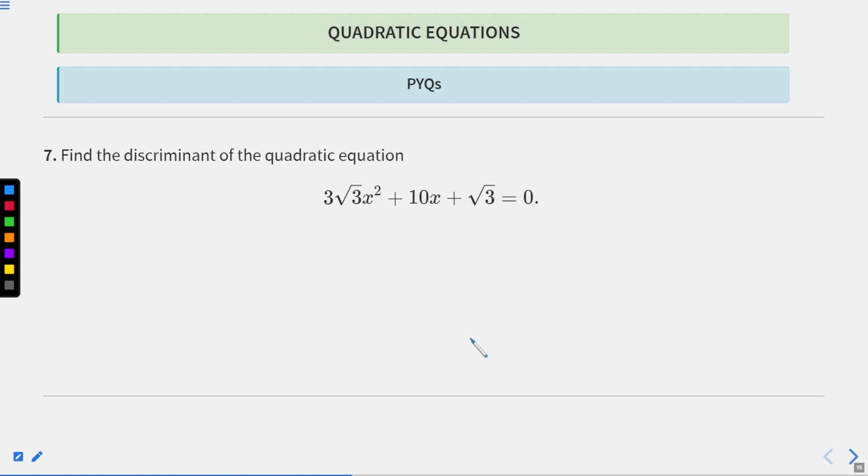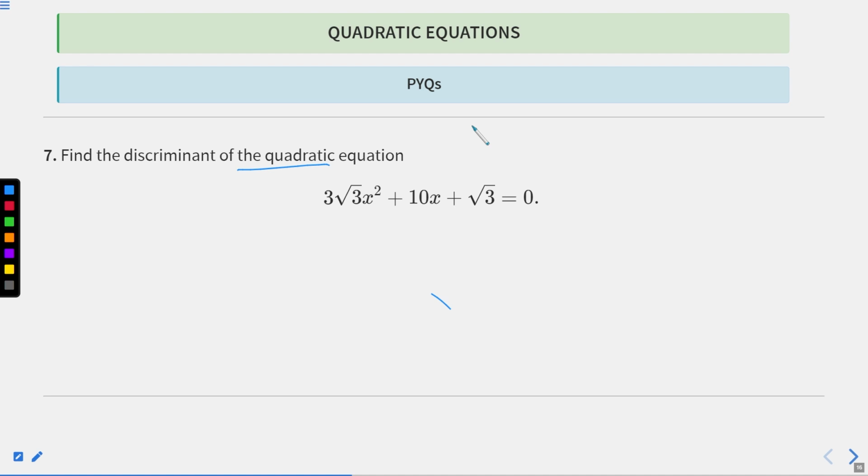Okay, now let us move to question number 7. In question number 7, we have to find the discriminant of the quadratic equation 3 root 3 x square plus 10x plus root 3 is equal to 0. Before finding the discriminant, we first have to find the values of a, b, c, where a, b, c are real numbers.